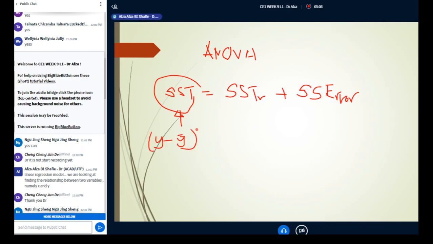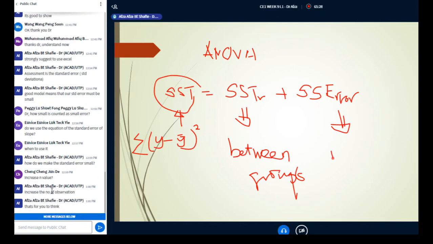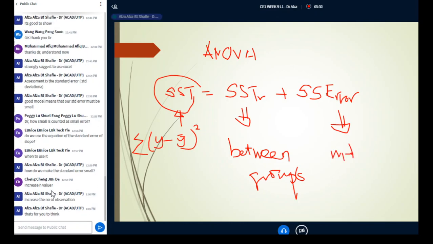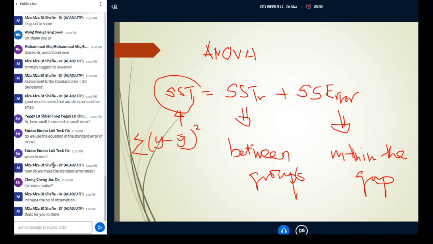We square it and sum it. We said that this one is the variation between groups, and this one is the variation within the group.